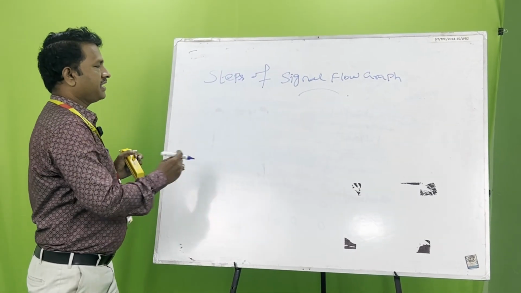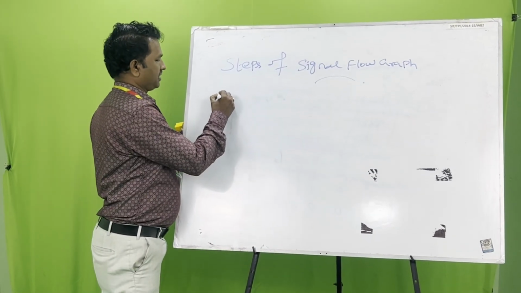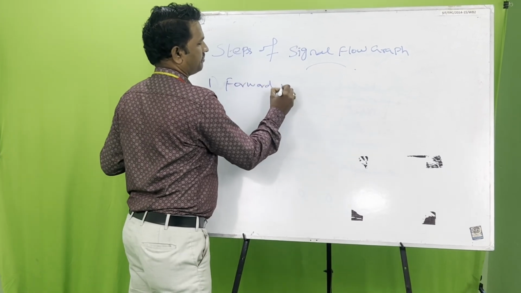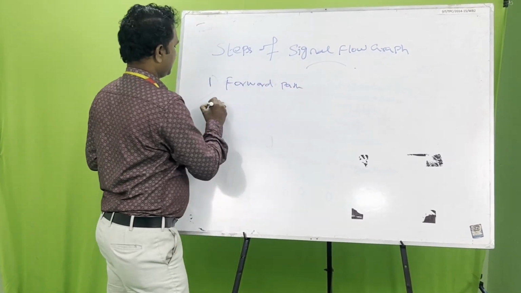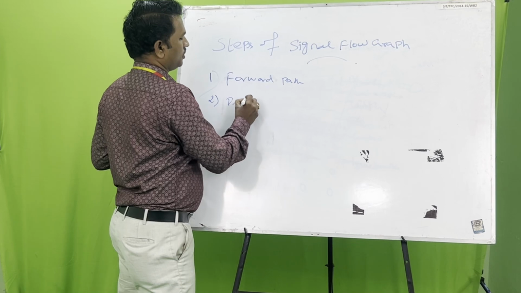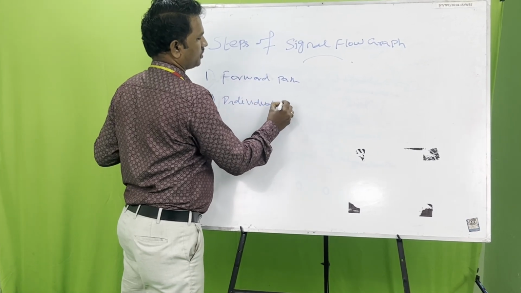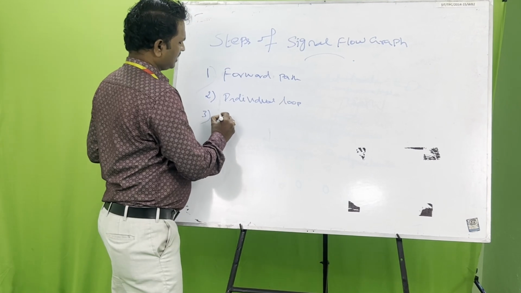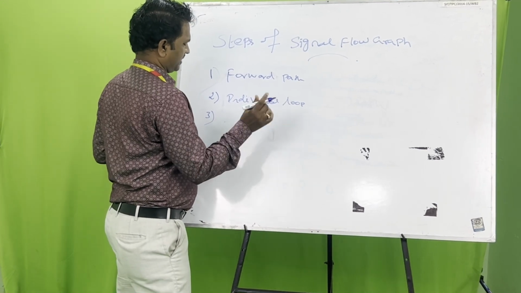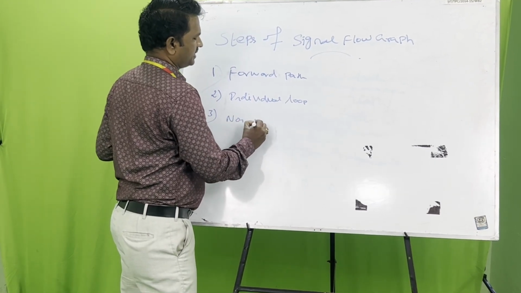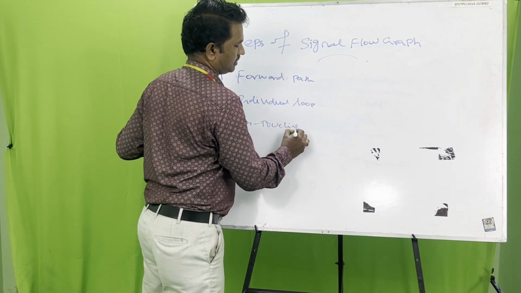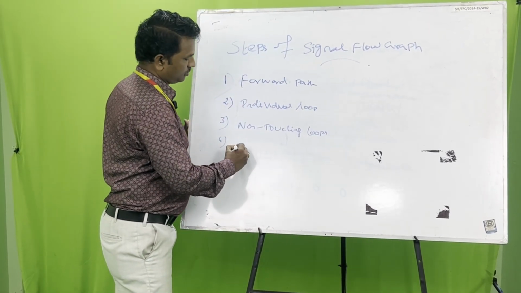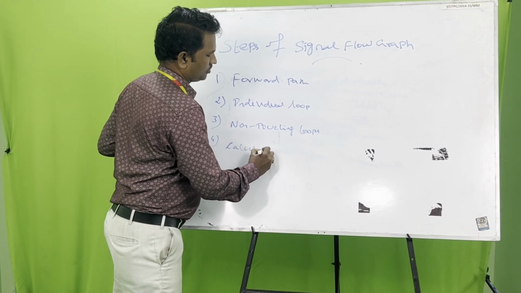There are 5 steps in the signal flow graph. First step, forward path. Second step, individual loop. Third step, non-touching loop. Fourth step, calculation.